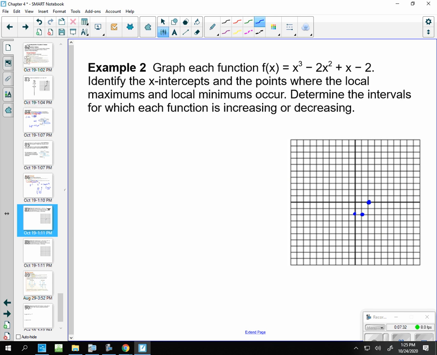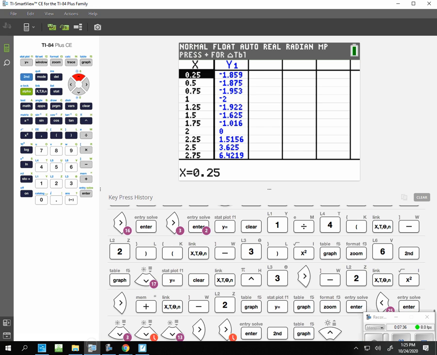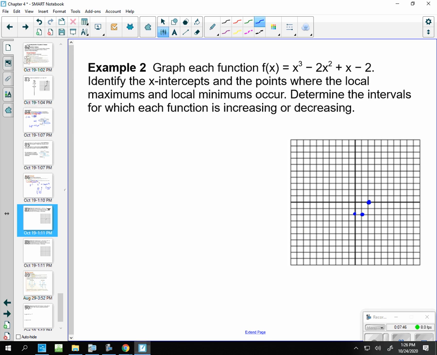And then for -1, I'd have to go back to my table, so at -1 it's -6. So again, I'm trying to get some points here to graph. So it goes up, it goes down, and it goes up again. So there it is. And all I did was take points off the graphing calculator.